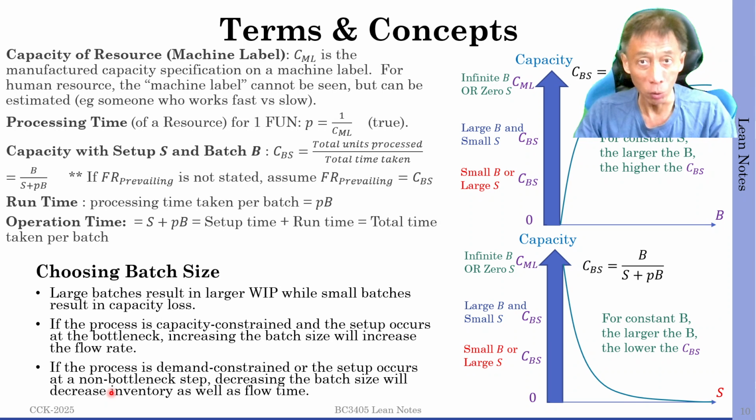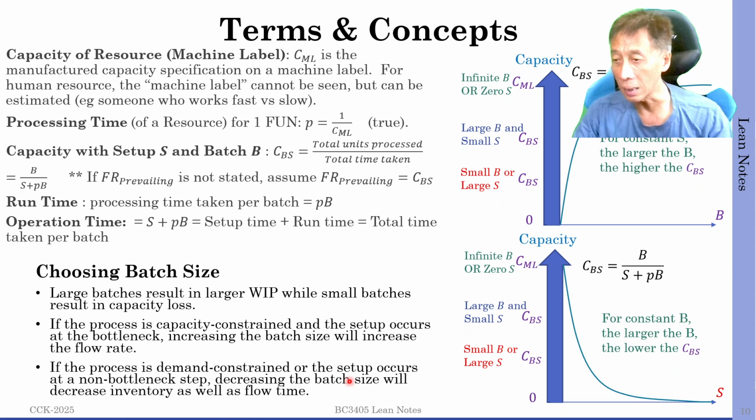The other situation, severe setup time occurs at a non-bottleneck. Even though it's very severe, like just now I was saying, right? Molding machine, twice the capacity of baking machine. Baking machine is 1 per minute, the bottleneck. But then severe setup time, right? So a 1 minute setup time, because it's compared to 2 per minute, it's very severe. Severe setup time occurs at a non-bottleneck, at the molding machine, right?